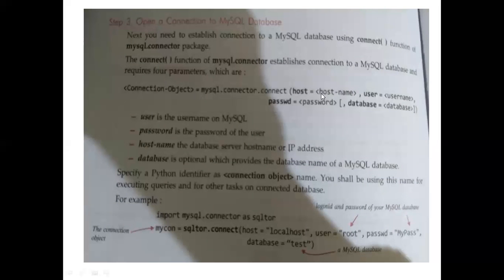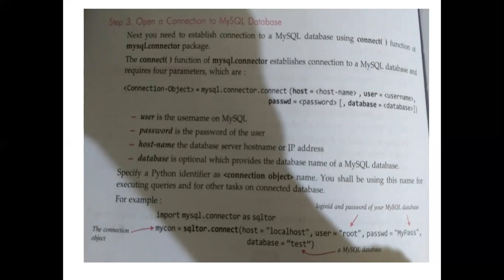Host equal to host name, the name of your PC or your device. Then comma, user is equal to username, then password is equal to password, and database equal to database. Database is optional, so you write it in square brackets. Database equal to database name. User is the username on MySQL. Password is the password of the user.